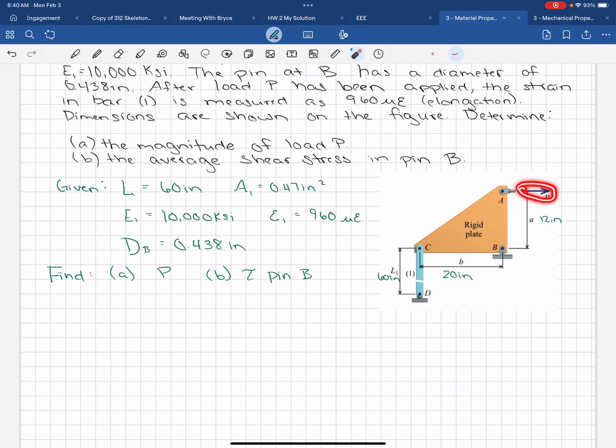So we have to find P. There's going to be 2 reactions here, and there's going to be 1 reaction here.